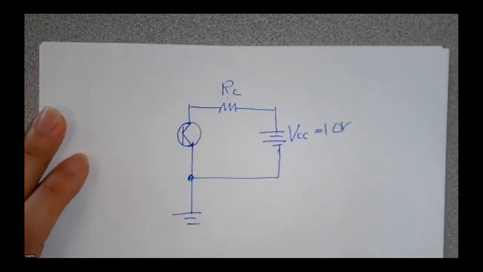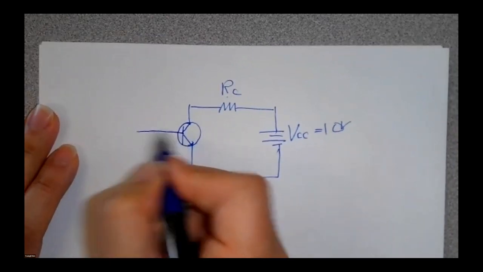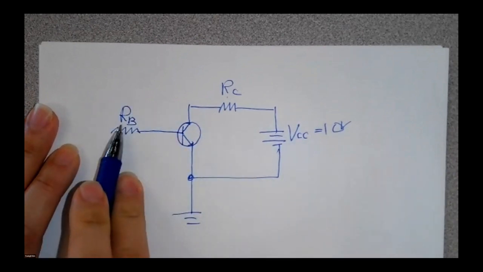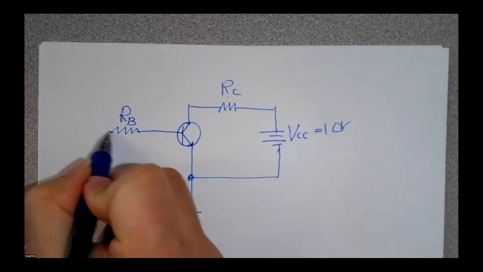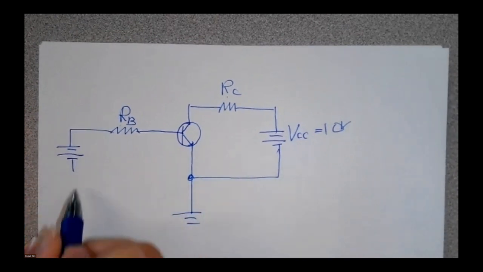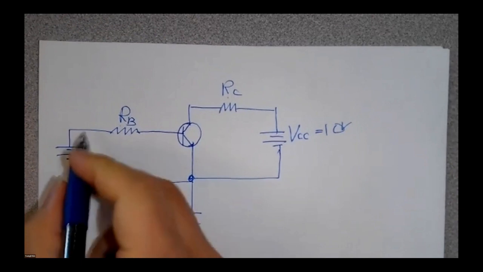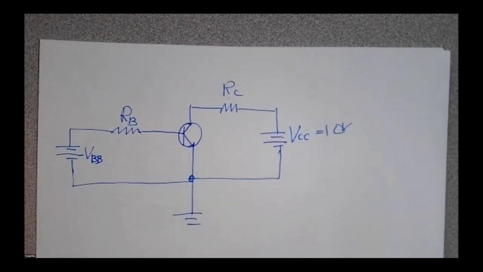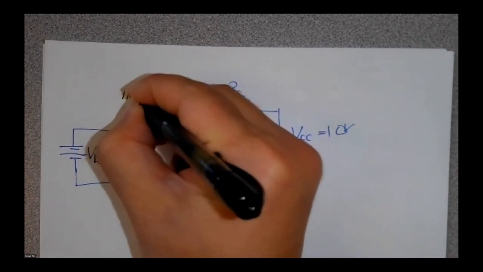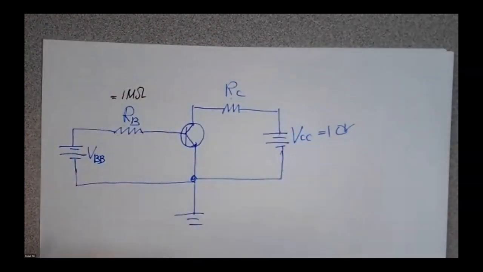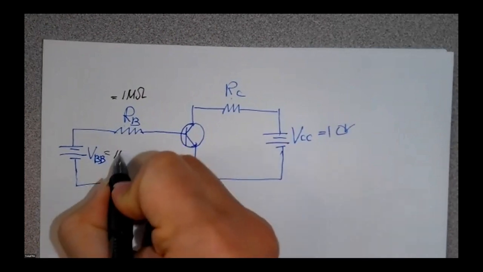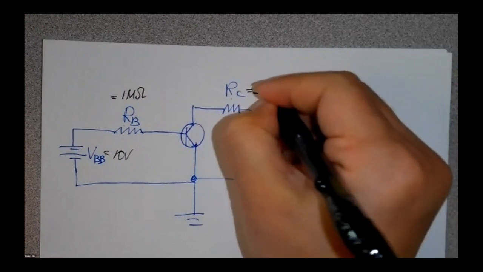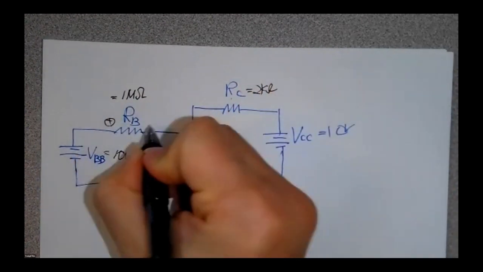And that is resistor R sub B, the resistor for the base part. Like this one, this is the V sub BB. So that is 1 megaohm here. And V sub BB is also the same, 10 volt. And R sub C is 2 kiloohm here.